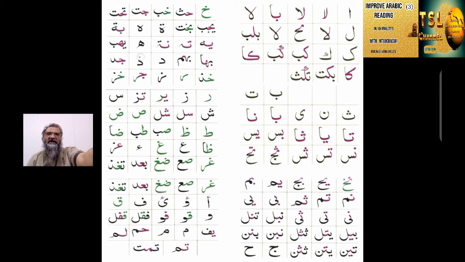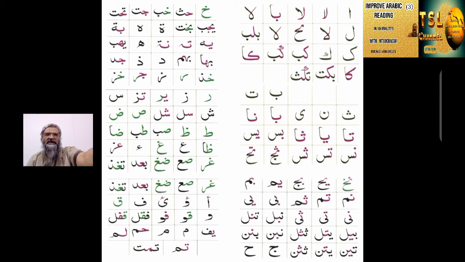Dal, zal, jim dal, kha zal, ra, za, jim ra, kha za, ra, za. So we are seeing here 2 types. Ra is 2 types and za is 2 types.